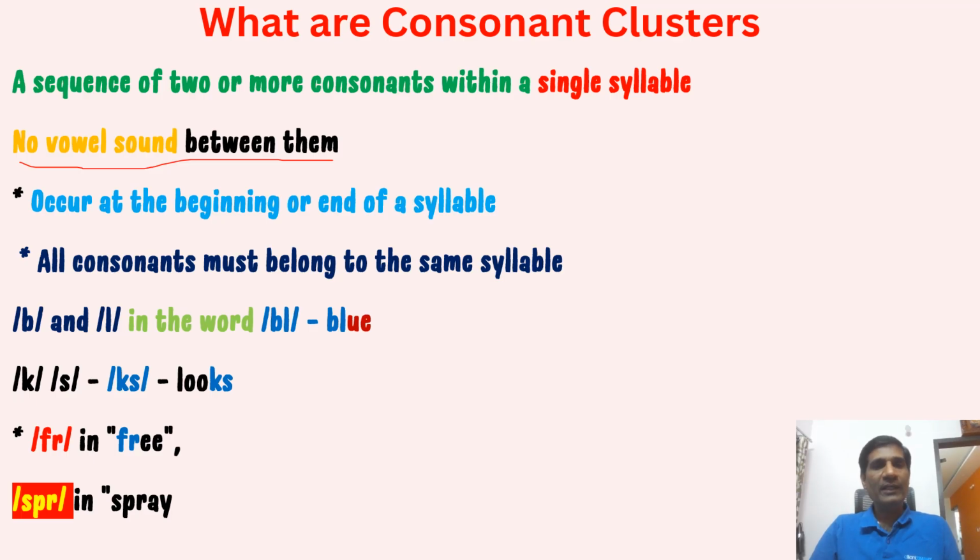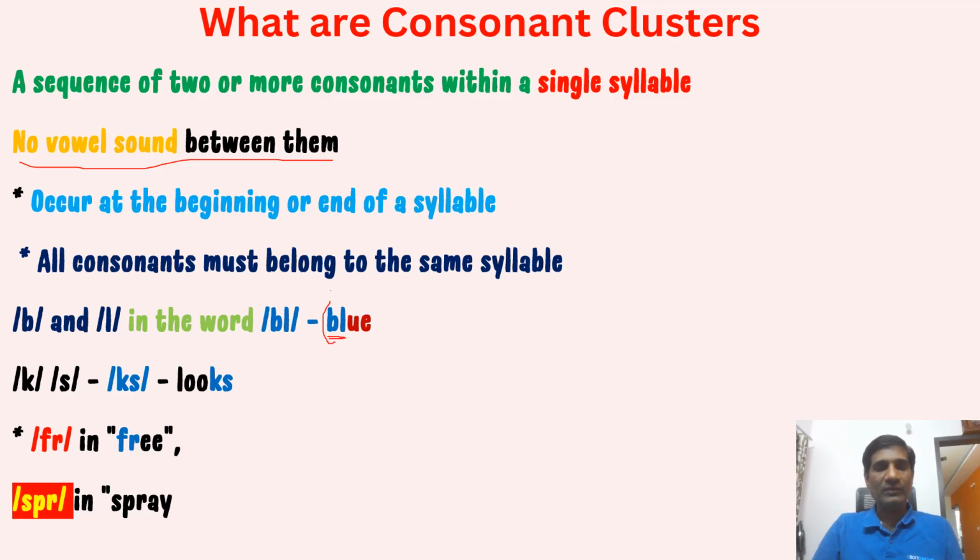Let's see some examples. For example, the word blue. It's a monosyllabic word. Let's see the phonemes: b, l. These two consonants form a cluster.